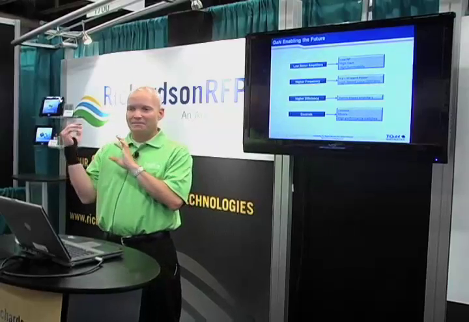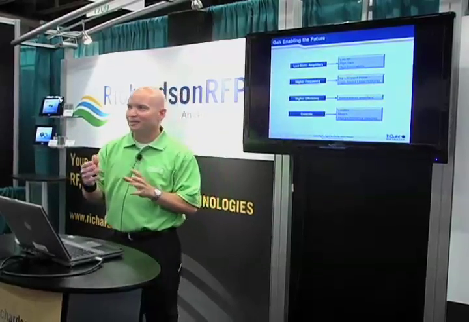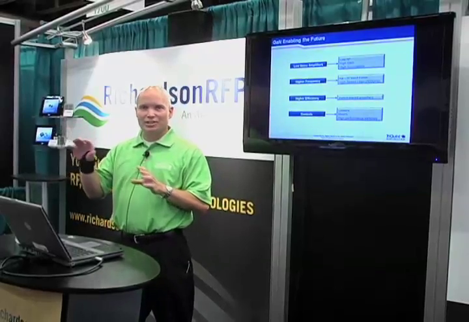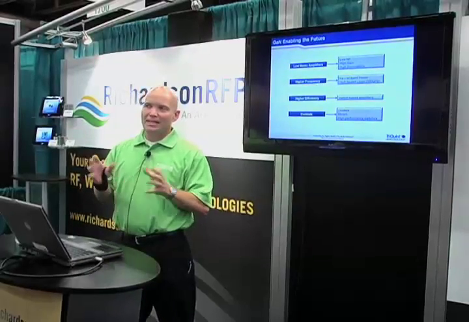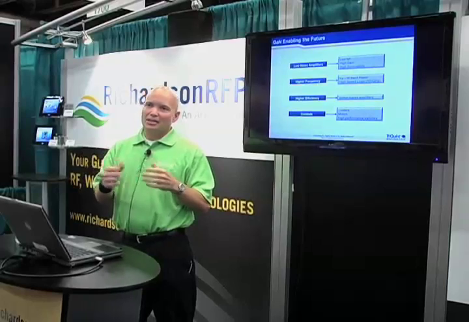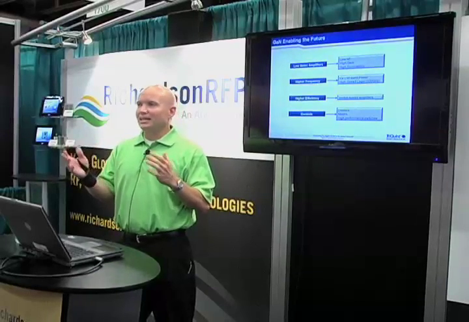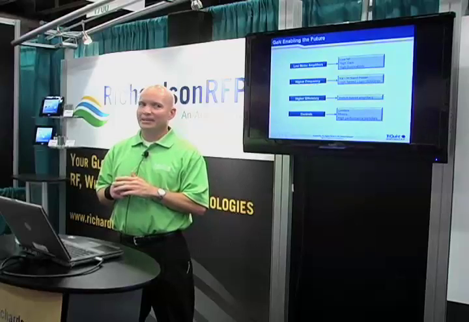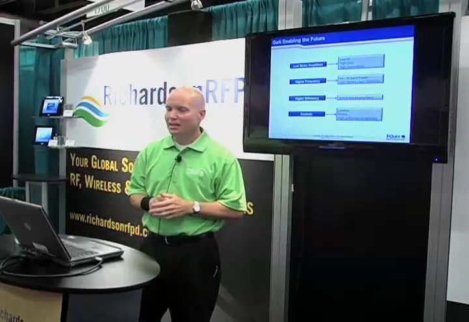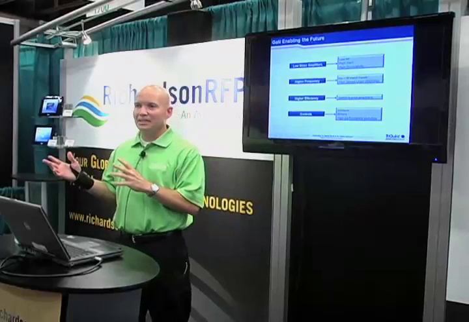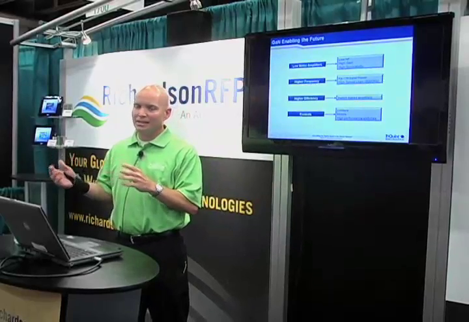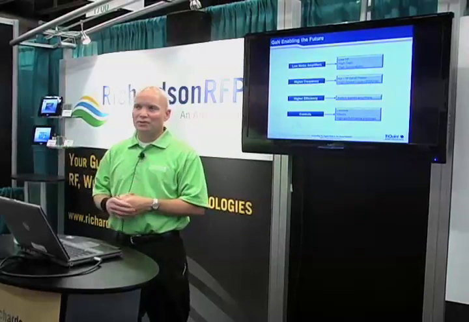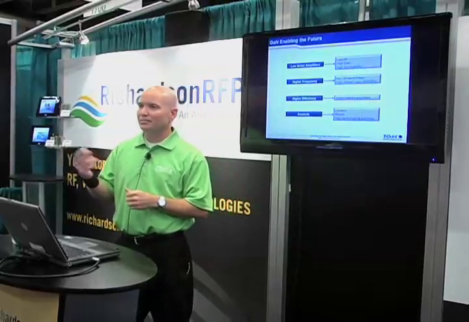So you hit an LNA with power. That's why you have the limiter in the chain to protect the LNA. But if you have a GaN LNA, the early data has shown it can handle 6, 7, 8 times more power input than what a gallium arsenide LNA can handle. So that could potentially eliminate the limiter from the receive chain and ultimately improve your overall receive chain noise figure.